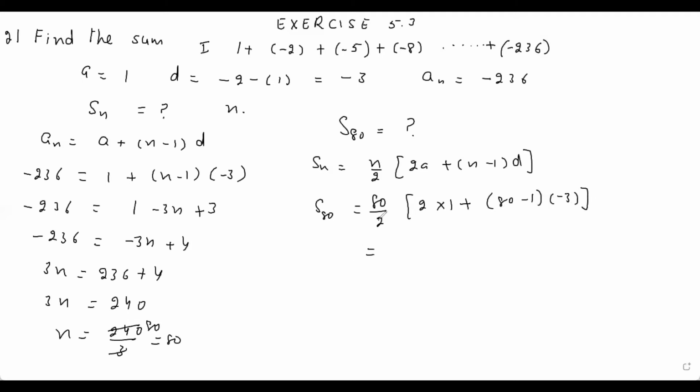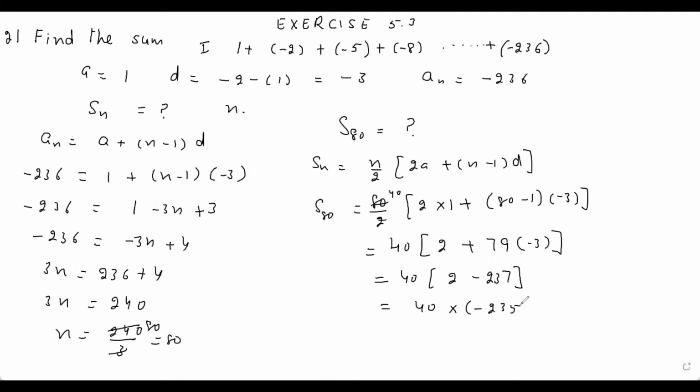That is 40 into 2 plus 79 into minus 3. 2 minus 237, 40 into minus 235. I'll get minus 9400. So the sum of 80 terms is equal to minus 9400.